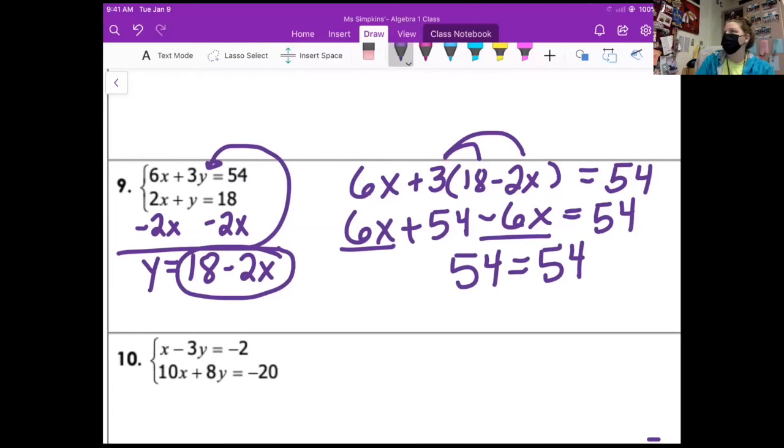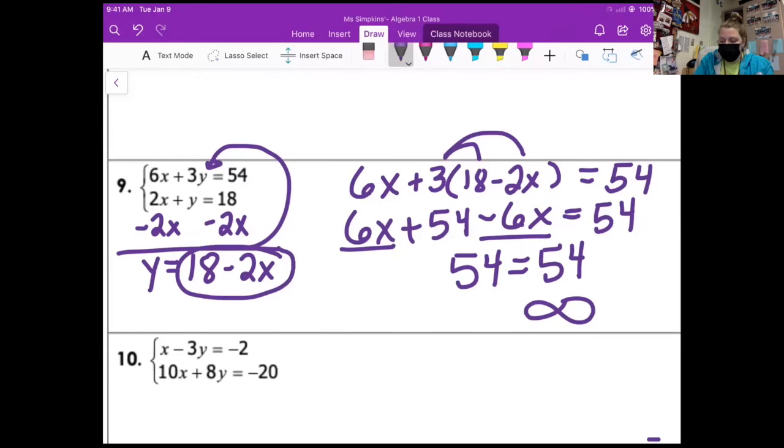It's not 1, it's not undefined, it's not 0. It's infinite solutions, which if we're talking about lines, they're the same exact line.